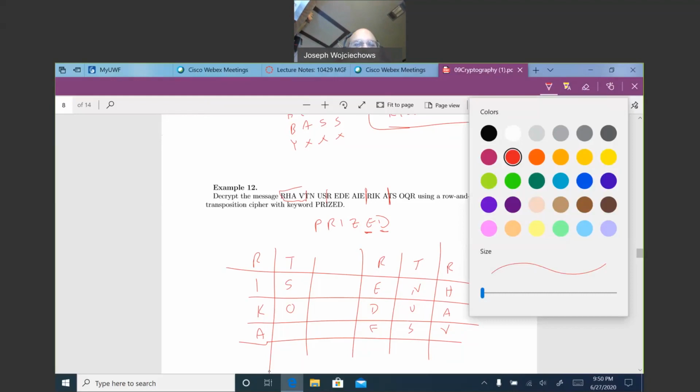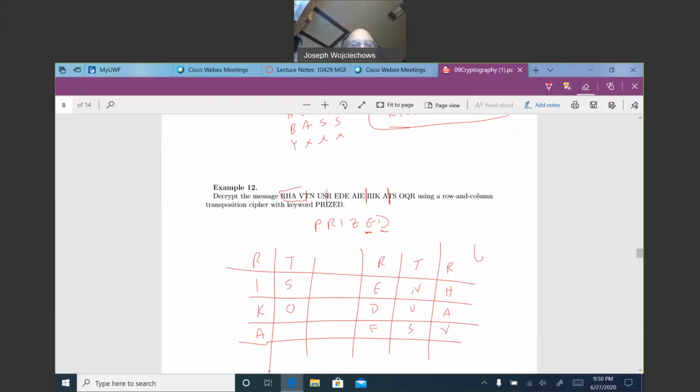I did the wrong section here. This is supposed to be there. This is supposed to be here. A-I-E-R.